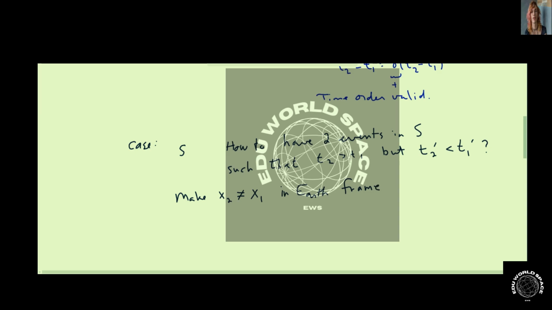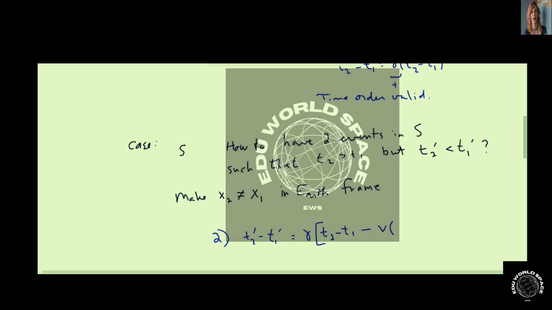We're going to assume that t2 is bigger than t1 in the Earth frame. Again, let's take a look at the transformation equation on time. We have t2 prime minus t1 prime now. There's still a factor of gamma, and there's still the correct ordering of t2 and t1, but there's this negative sign.